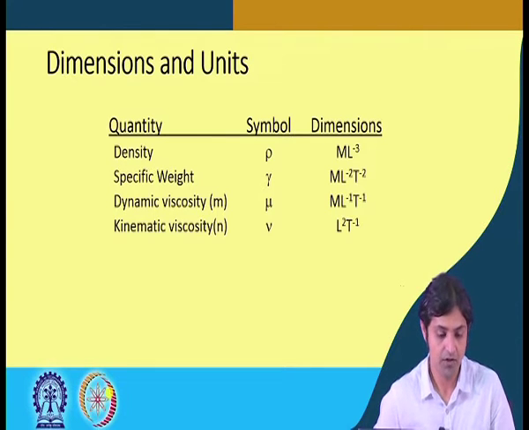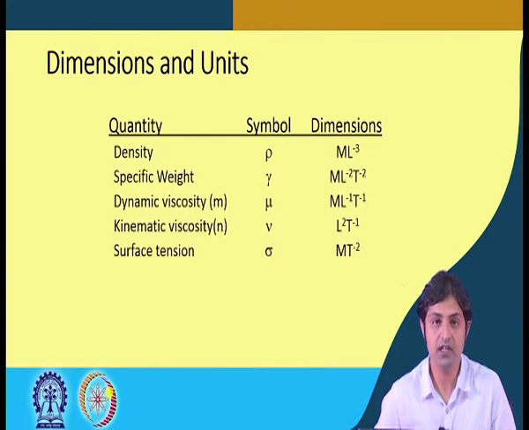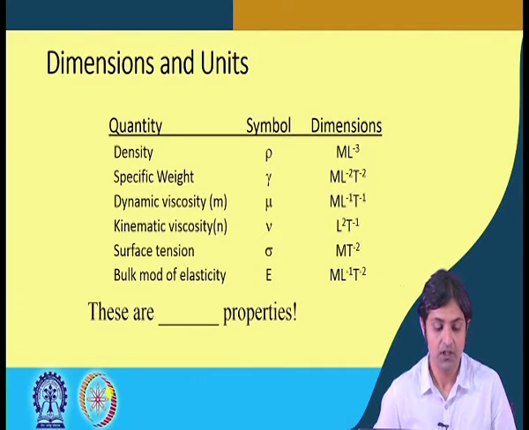We will see. Kinematic viscosity nu is given as L square T minus 1. Surface tension sigma is MT minus 2. Bulk modulus of elasticity E is given as ML minus 1 T minus 2. So these are actually fluid properties. These are some of the most important ones.